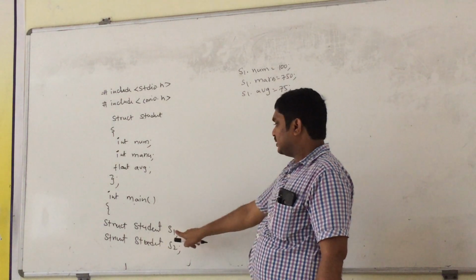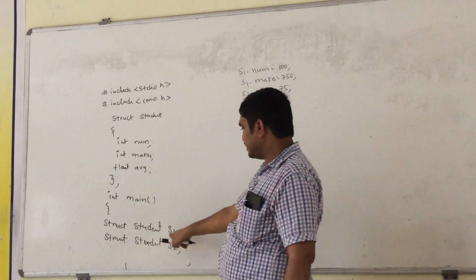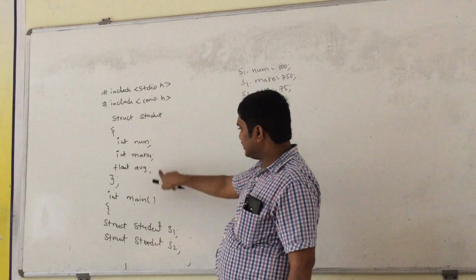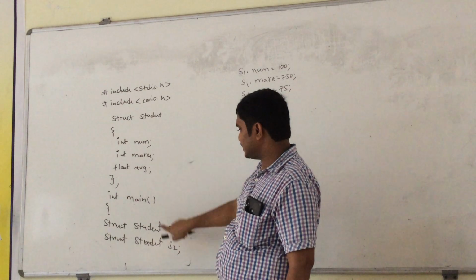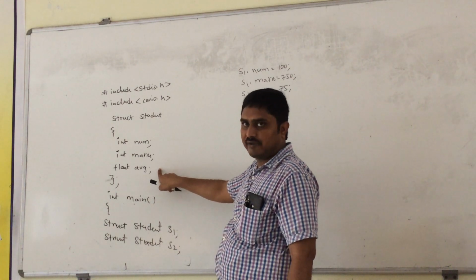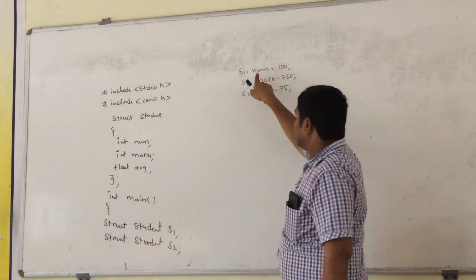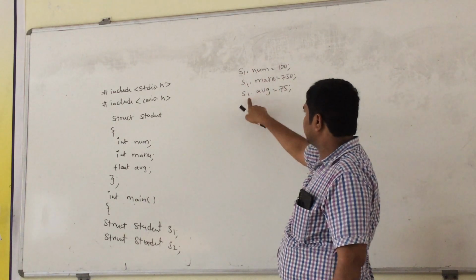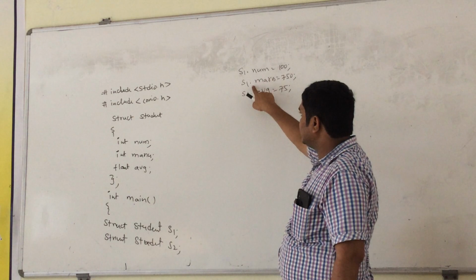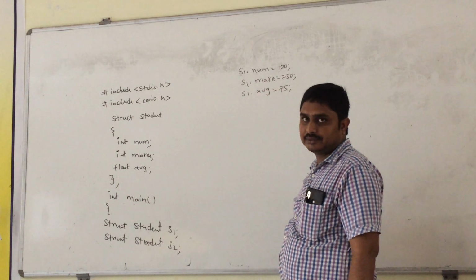That means the structure variable is S1. For S1 there are three columns: a number, marks, and an average. So I entered the first student's number, marks and average by using the dot operator.